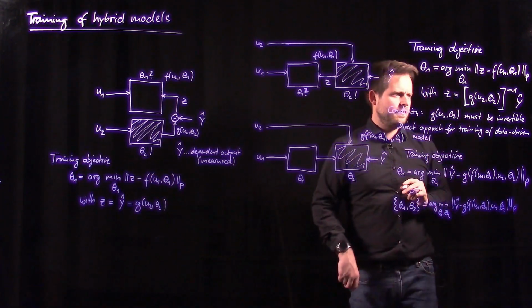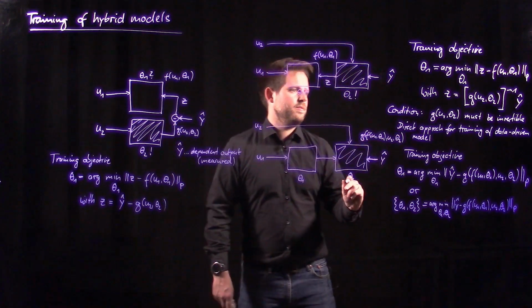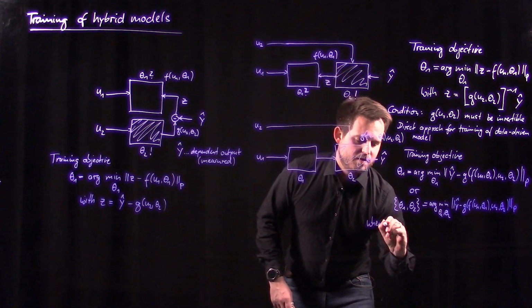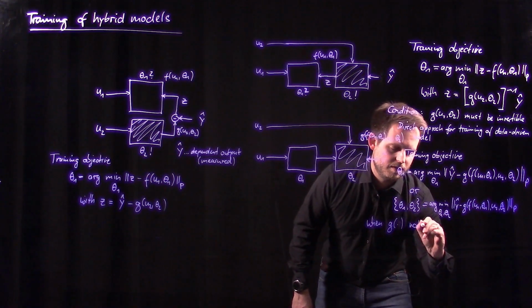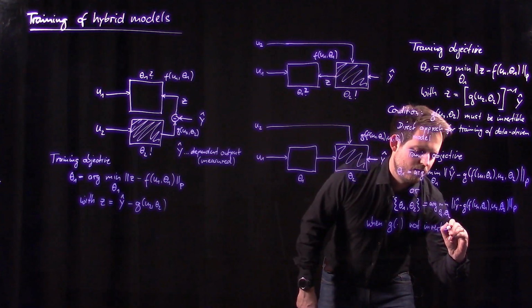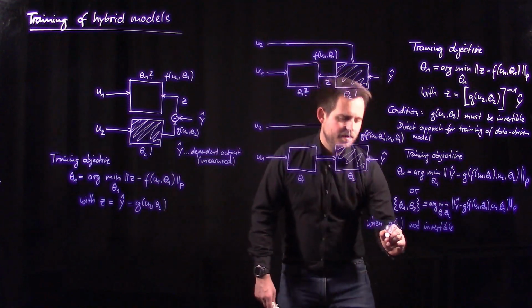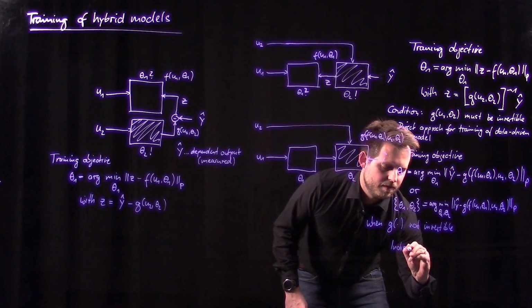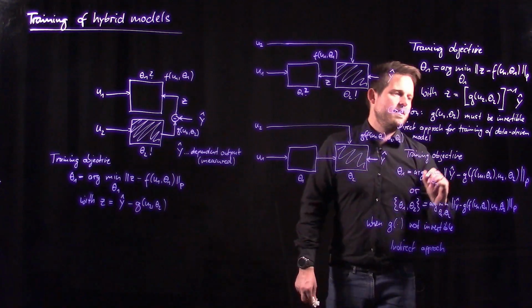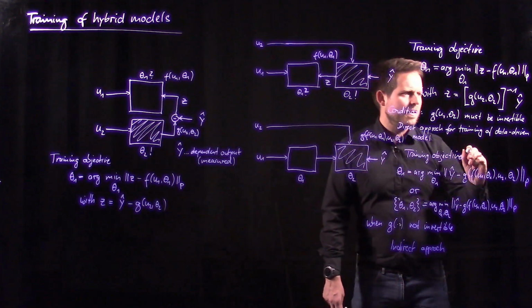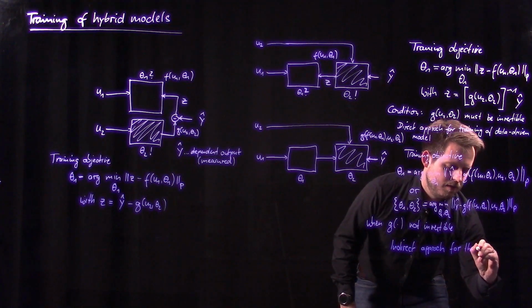So, and as I said above, you use this when g is not invertible, and this is called then the indirect approach for the data-driven model.